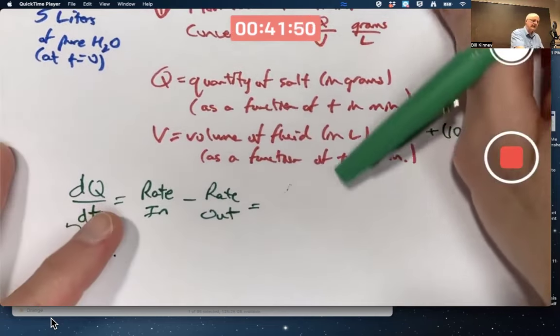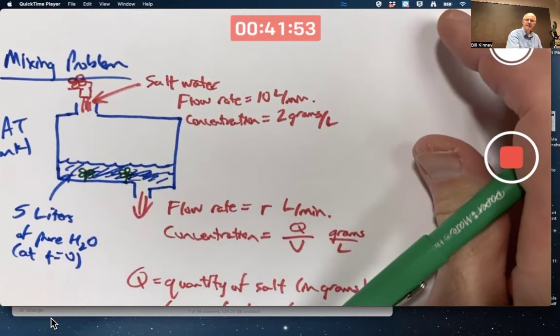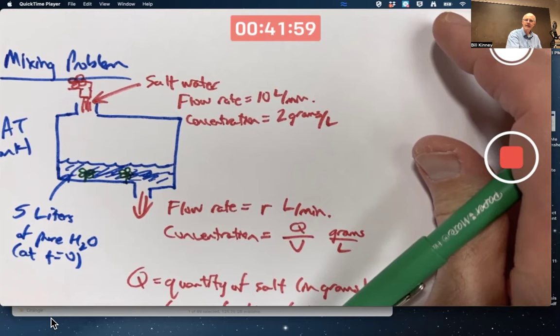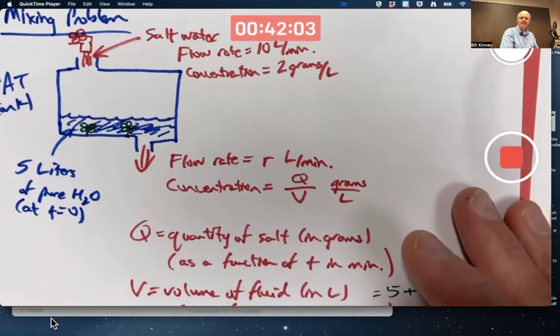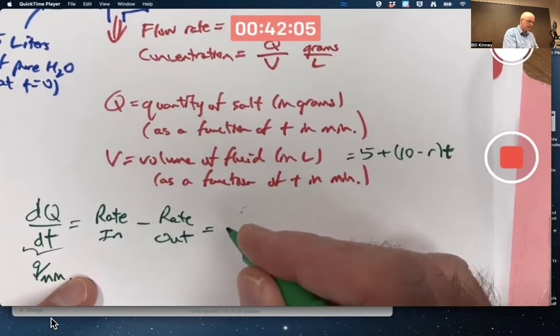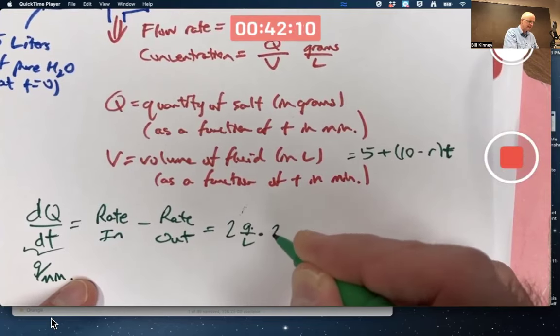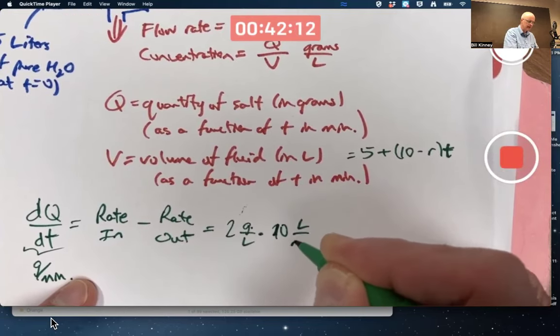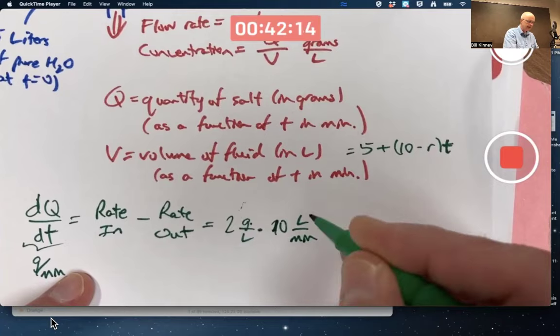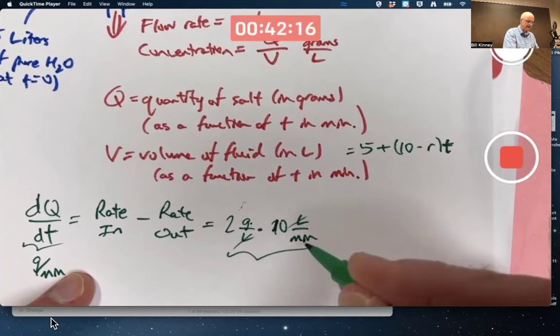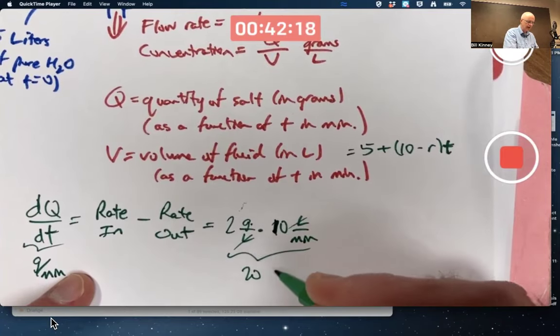What do I have to do with these numbers up here? Think about the units. I'd like the liters to cancel, so I better multiply them. That would be 2 grams per liter times 10 liters per minute. The liters cancel. This simplifies to 20 grams per minute.